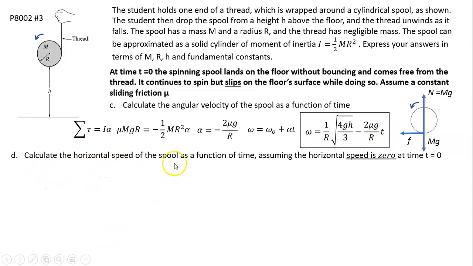D, calculate the horizontal speed of the spool as a function of time, assuming the horizontal speed is 0 at time t equals 0. Because when it dropped, originally it has vertical speed. It does not have any horizontal speed. That's why the horizontal speed is 0 when it reaches the floor. To find horizontal speed, we use the same idea. We have to find the horizontal acceleration.